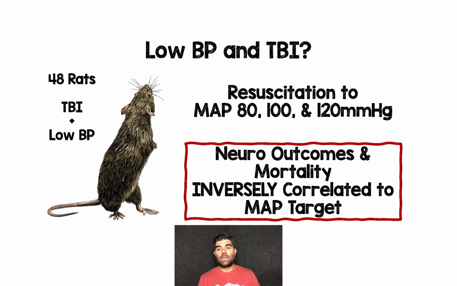And then they resuscitated them to a target MAP of 80, 100, and 120. And what they ended up finding is that neuro outcomes and mortality were inversely correlated to the MAP target. And so what do I mean by that in layman's terms? Basically, targeting a lower blood pressure, these rats did better neurologically and from a survival standpoint.